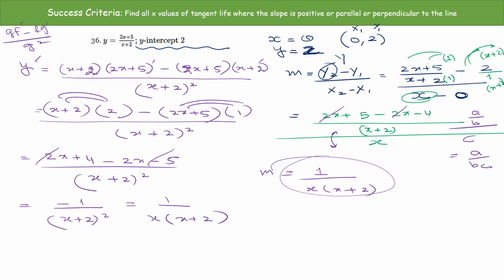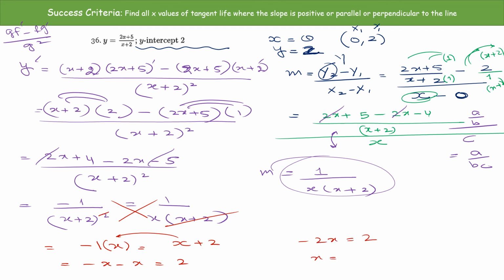Now at this stage we can cancel this one with this one directly. Now what we will get? Negative 1, and now cross multiply. So negative 1 times x equals only x plus 2. Now bring the x here. So you will get negative x equals 2, which means negative 2x equals 2 and x equals negative 1.